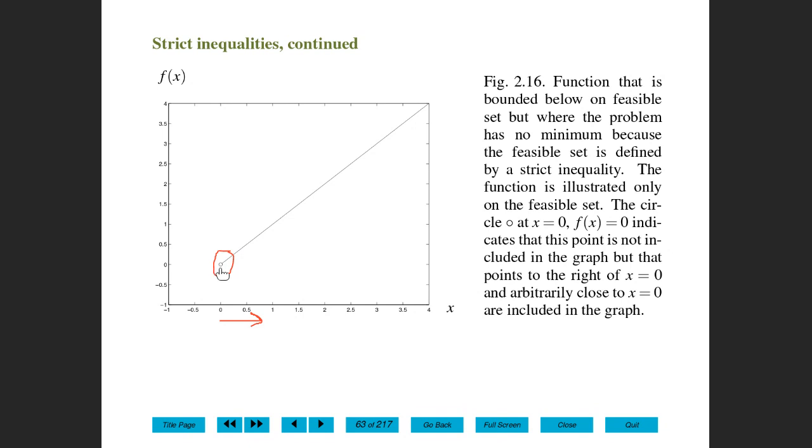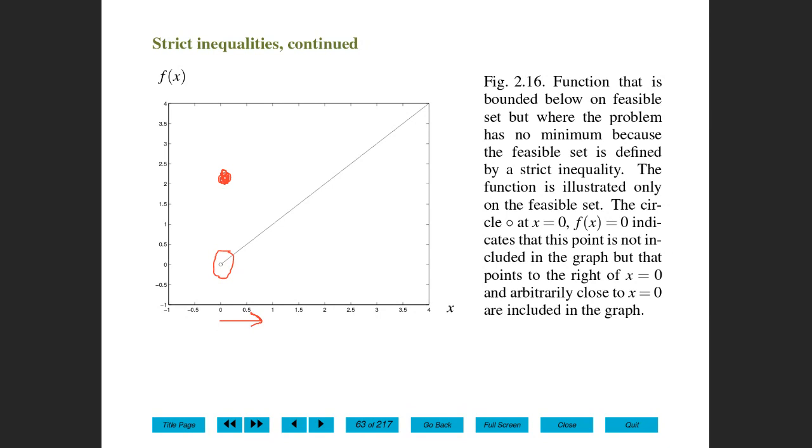If you look at this graph and we ask you whether this graph includes x equal to 0, your answer should be no, because of this empty circle. If it is a filled circle, then that particular point is included.